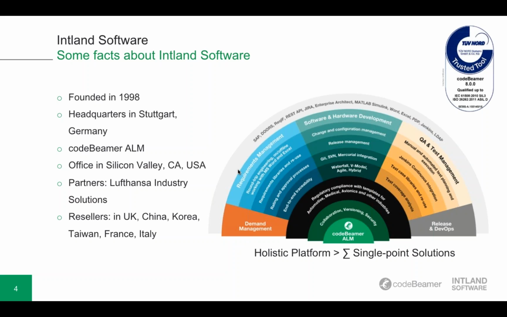Intland Software is the developer and the sole vendor of the holistic application lifecycle management platform, and codeBeamer is a fully integrated and holistic application lifecycle management solution, which builds on a single repository, which includes 5 modules, such as the requirements, and the software and the hardware development management. You can do QA and test management, may be manual or even automatic.